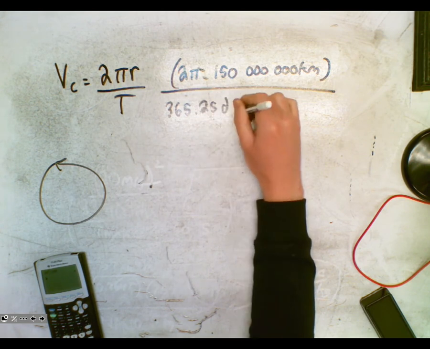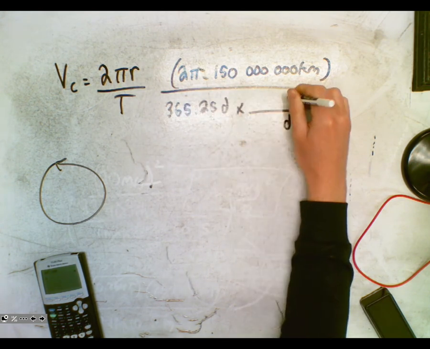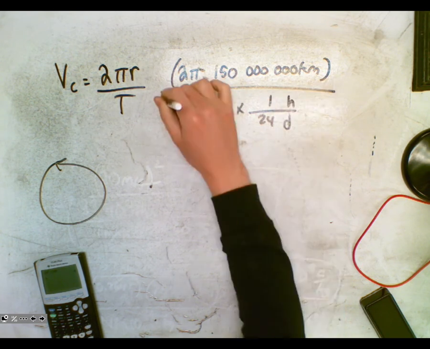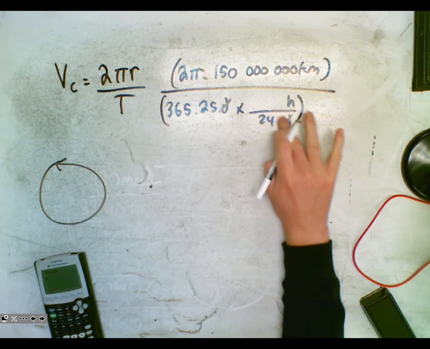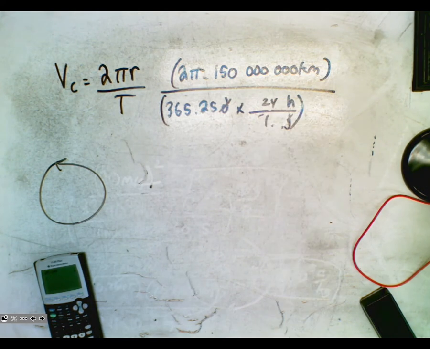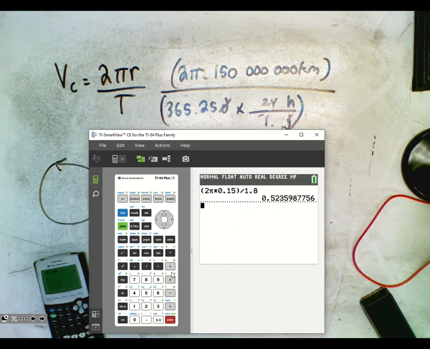365.25 days. We want to turn days into hours. There's 24 hours in one day. Oops, that's backwards. 24 hours in one day. And that's all we have to do. So if I was plugging this into my calculator, it would be 2 pi times 150 million divided by 365.25 times 24.